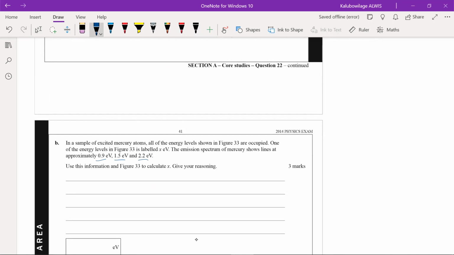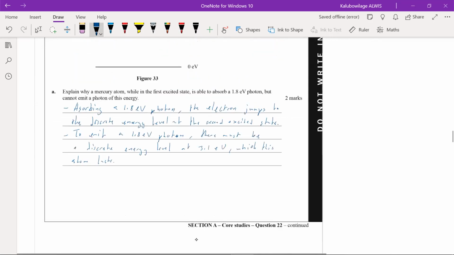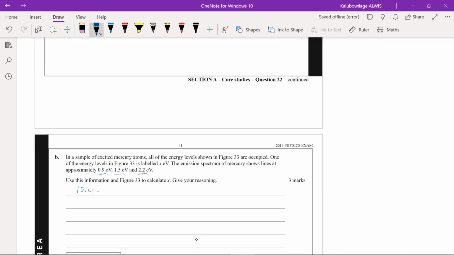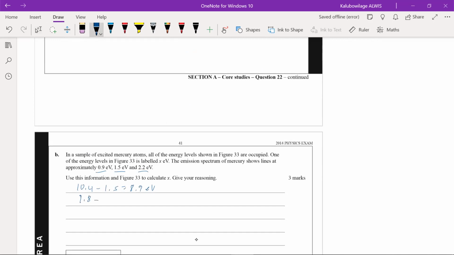I'm not sure if there's any better way, but eventually I figured out that 10.4, which is the highest one, minus 1.5 is 8.9 electron volts. And then the 9.8 electron volt one, yeah, it's pretty easy to guess.